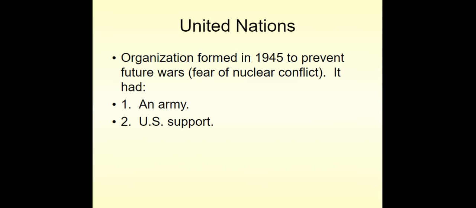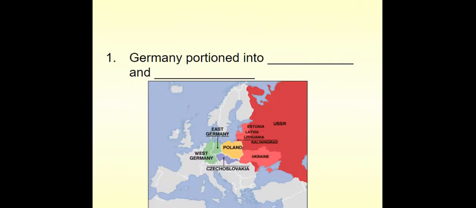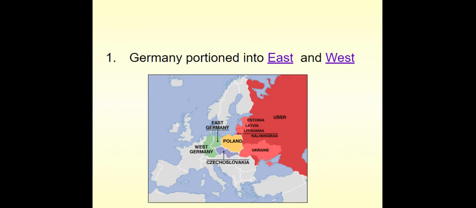Also, at the end of World War II, and we talked about this at the Yalta Conference, Germany gets portioned into East and West. Now, it gets divided, I mentioned this just a second ago, it gets divided into 4 sections. The United States gets a section, France gets a section, Britain gets a section, and the Soviet Union gets a section.